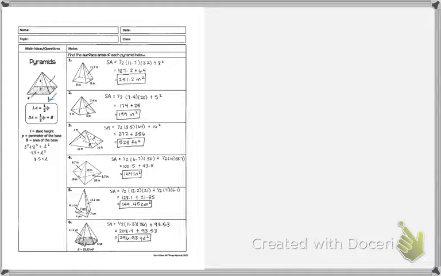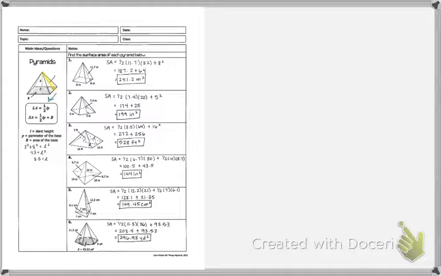What slant height is, it's like you run a line from the bottom of the base of the pyramid and it runs up the wall. It doesn't go straight up and down from the center of the pyramid to the ground. It goes from the base. Notice this line right here. This is your slant height.